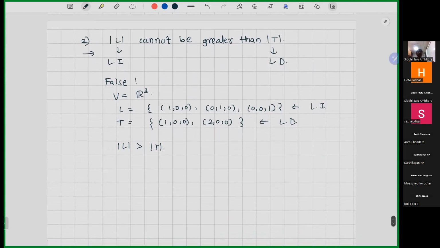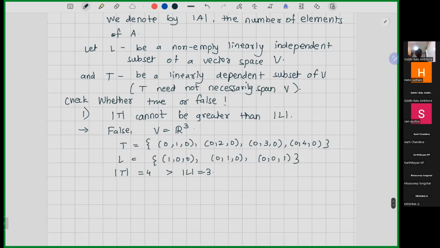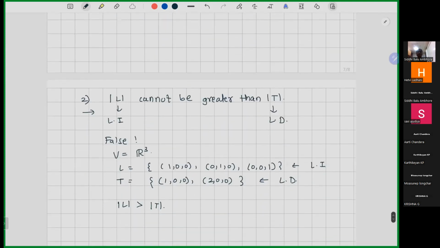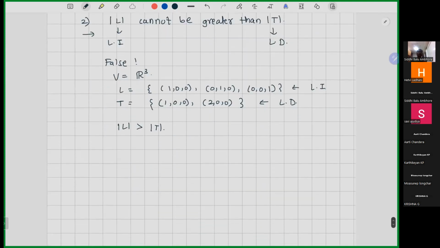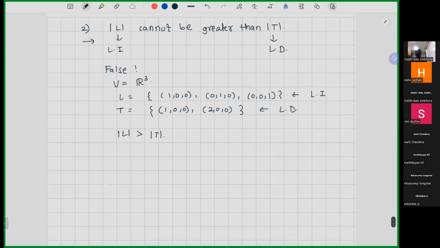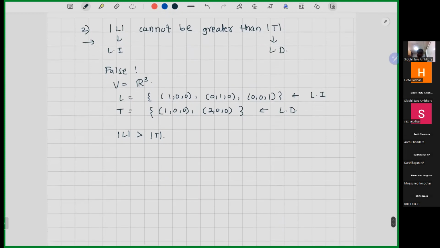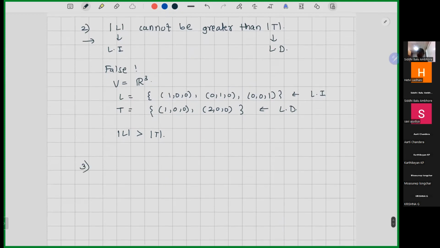And you can think, if I put the condition on T that it has to span our vector space V, then which of these statements are true and which are false, and so on. Think like that so that you will get used to answering such questions and it will help you in the exam also.